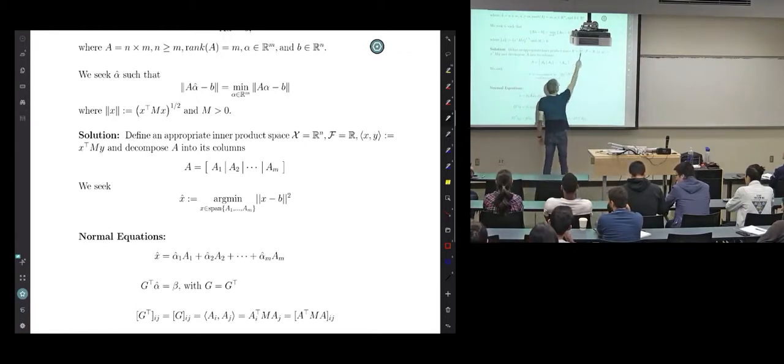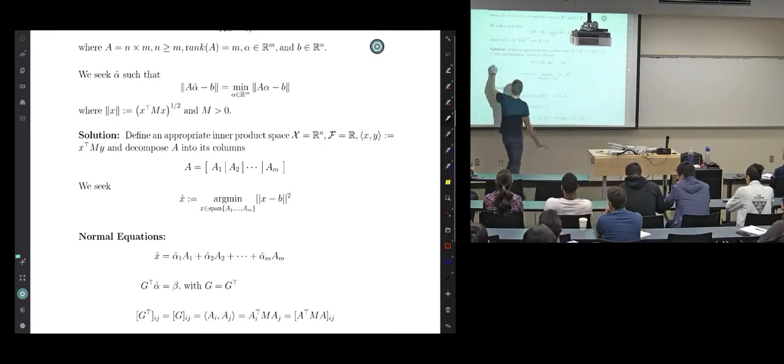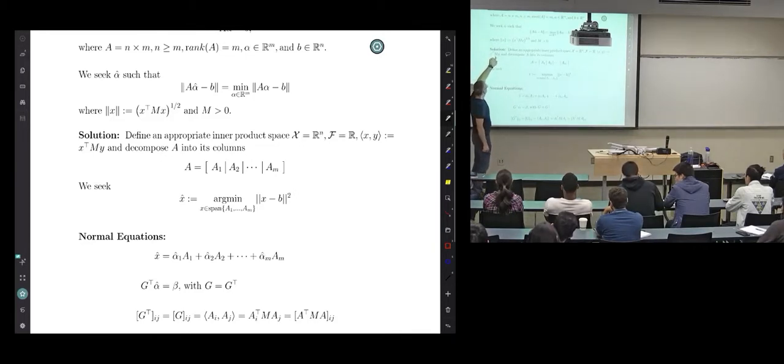Our vector space is Rn, our field is the reals. We define a new inner product as X transpose MX, where M is positive definite. This is given to us for now, but in practice, you build it from your knowledge of and your confidence in the measurements you're making.